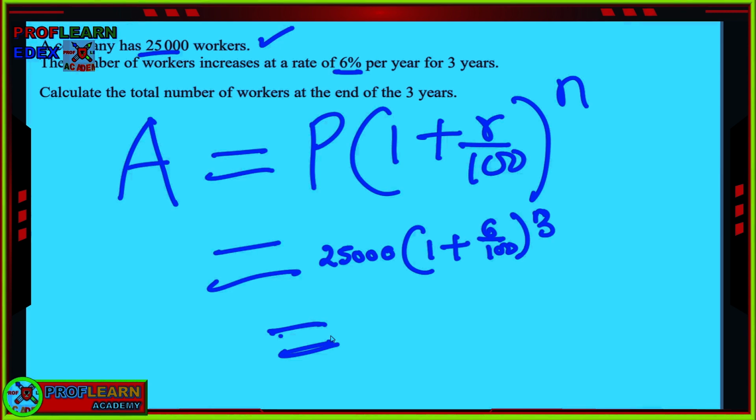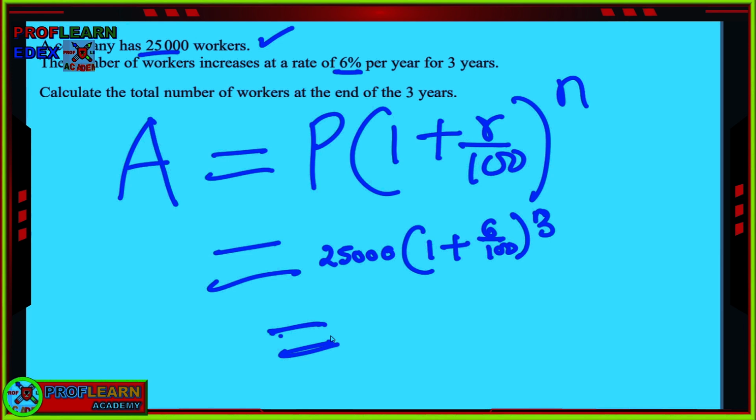This formula can be used where maybe a person has invested some money in a bank, which is compounded at that rate, or a commodity is appreciating. So you need to know how to use this formula before you sit for your exam.